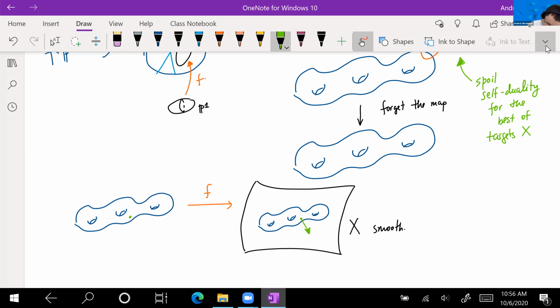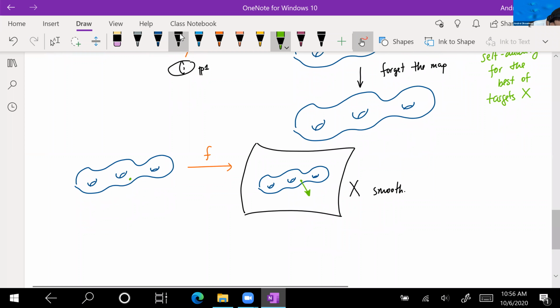So the deformations, easy to imagine, are sections on my curve C of the pullback of the tangent bundle to X.